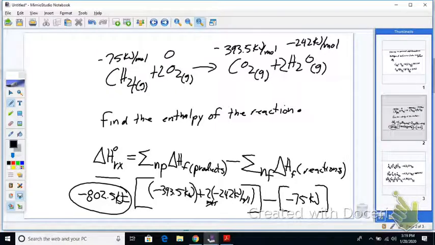Okay. So that's kind of it. We take the heats of formation, we put them in a reaction, and we're able to solve for anything within the reaction, for example if we might have a certain heat of formation we don't know, and we're asked to solve for it. It might be like this, if this would be the problem. We're just changing this around. So it's like, all right, we don't have enough information in the back of the book, and it says, what's the heat of formation for CO2?